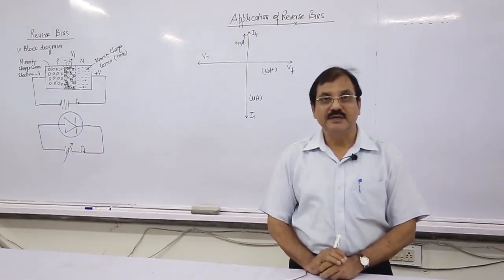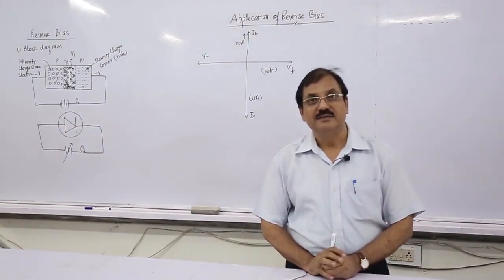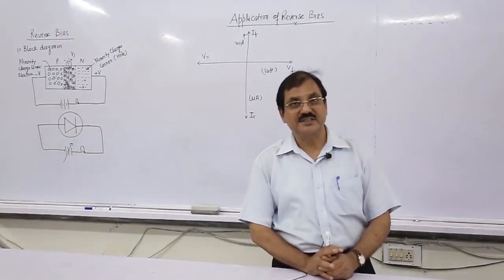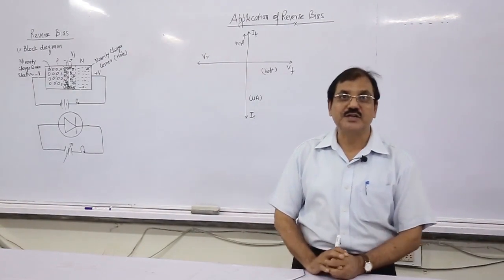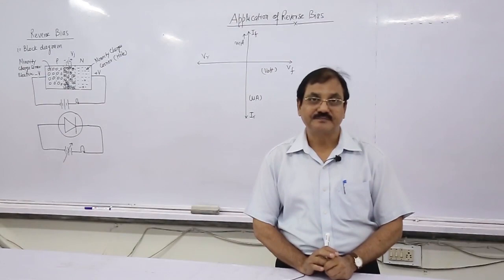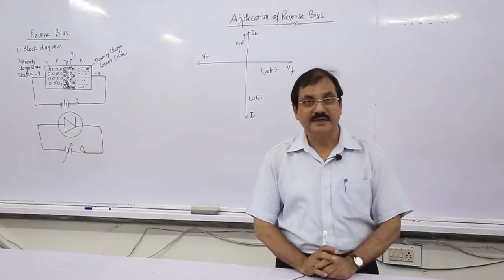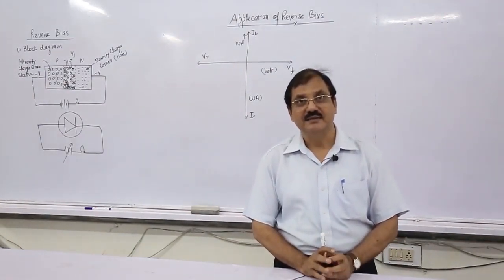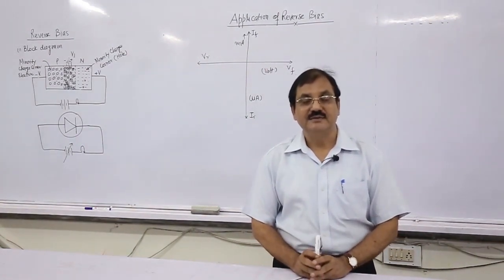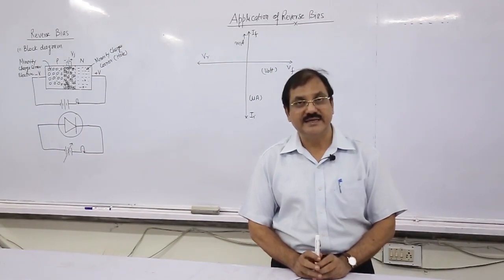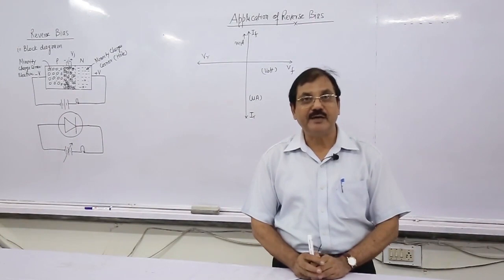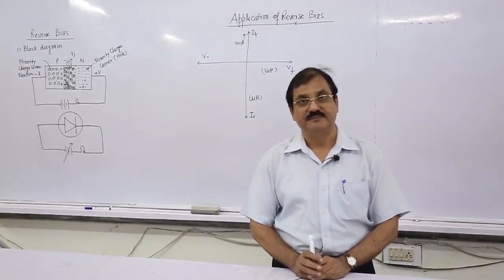In forward bias, the majority charge carriers are accelerated, which constitutes a huge current of the order of milliampere. But in reverse bias, the majority charge carriers, that is electrons in the n side and holes in the p side, keep away from the junction.